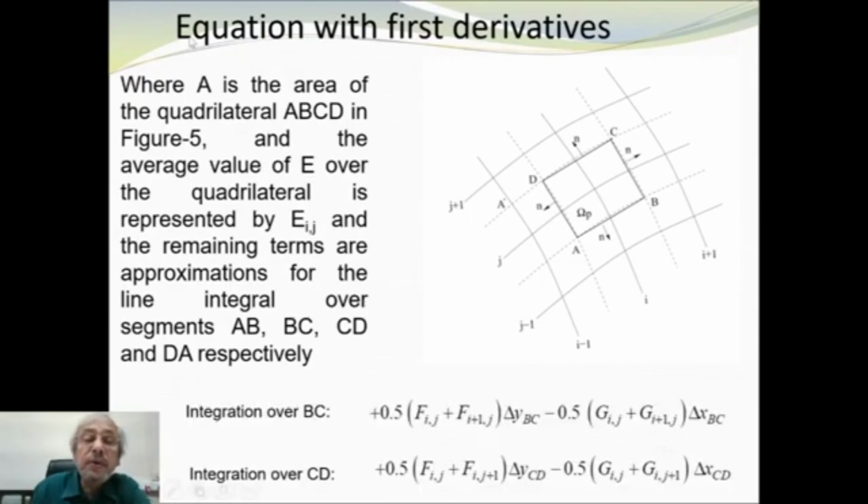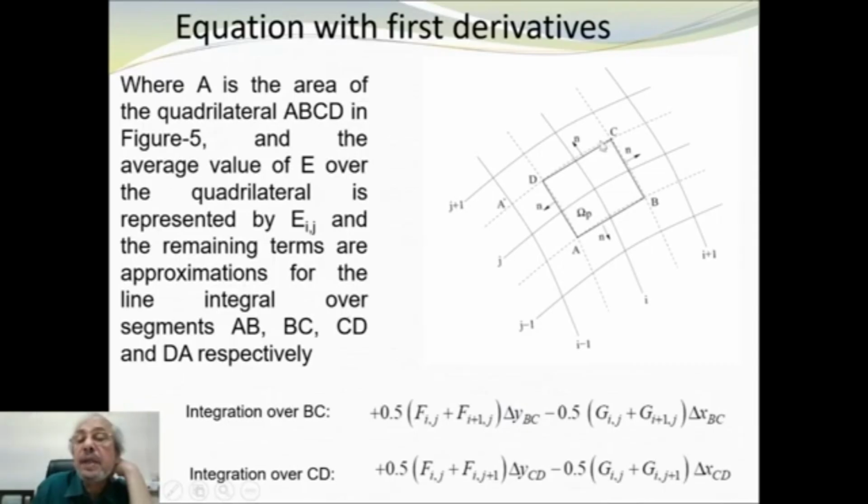Now the integration of F and G over AB we have performed. Now if we perform the integration over BC, sorry, not AB, over BC. Again, the integration over BC: first we have to find out delta Y BC.